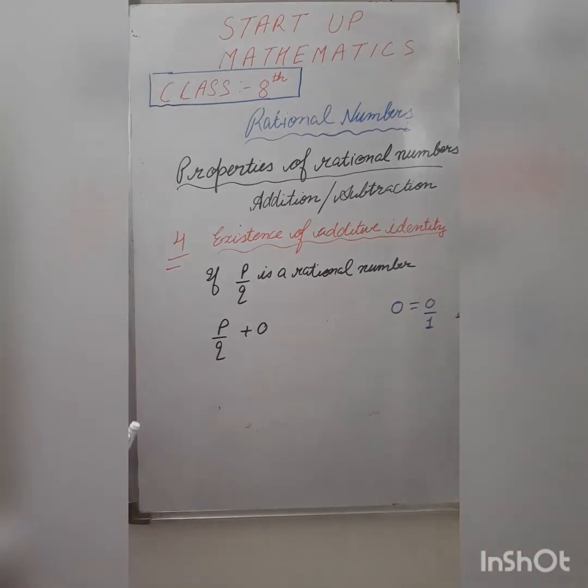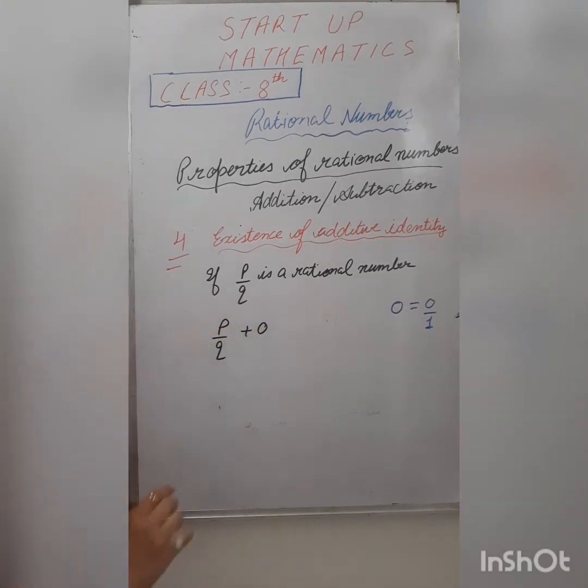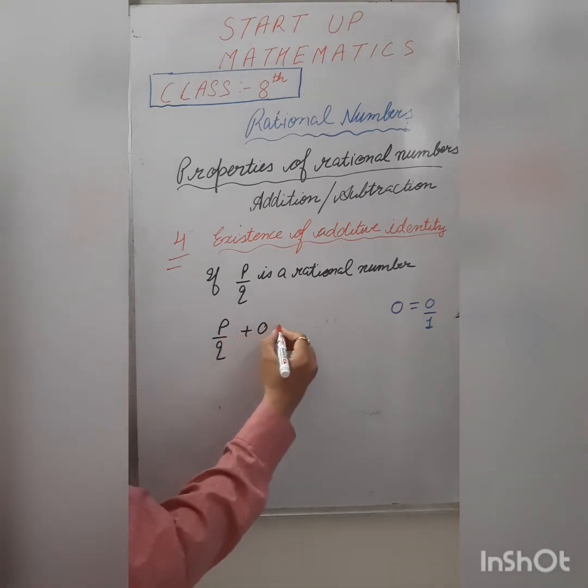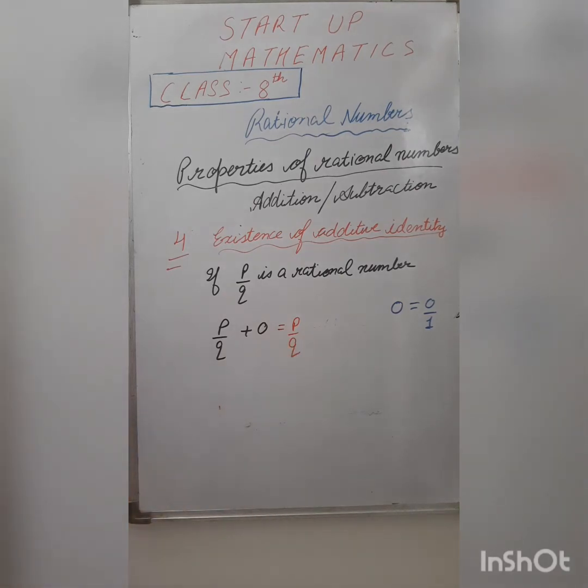That is the p by q form, again the representation of a rational number. So what should we add to p by q so that the value does not change? Definitely we will add 0. If we add 0, what will we get? Again p by q, right?